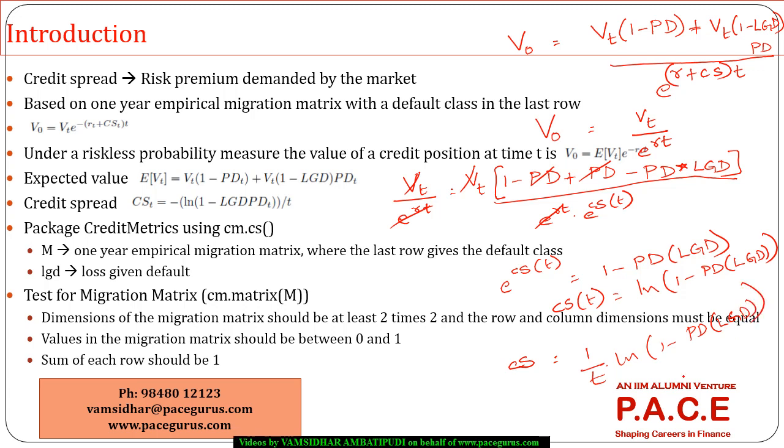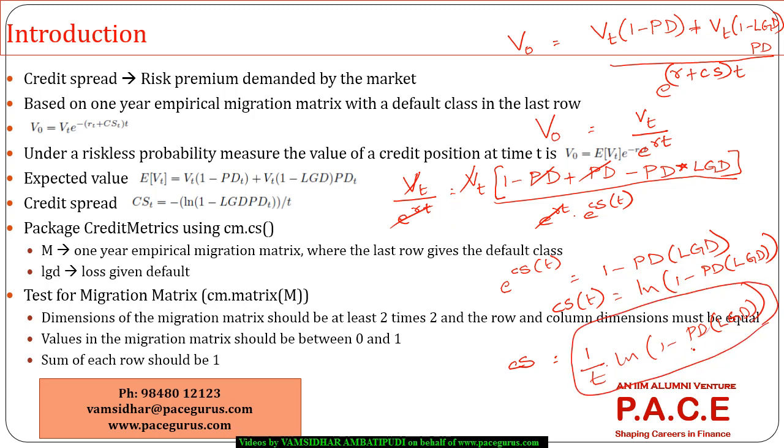So that's how we are computing the credit spread. You can very well find out this stuff, which can help you in doing the computation quite comfortably. So it's 1 by T times log of 1 minus probability of default into the loss given default.